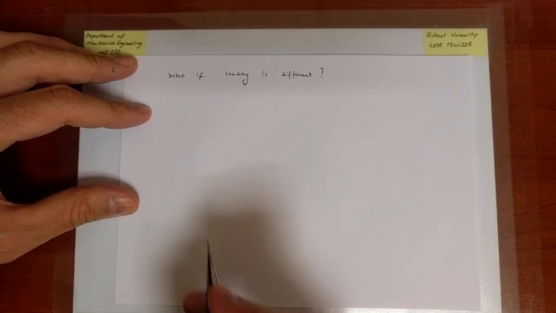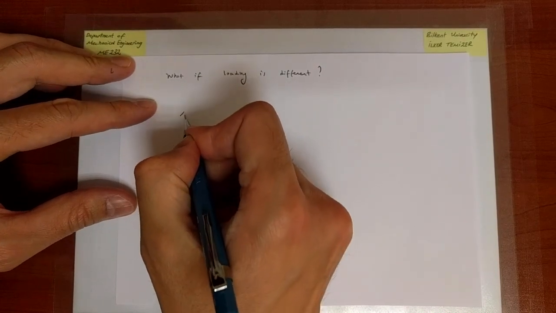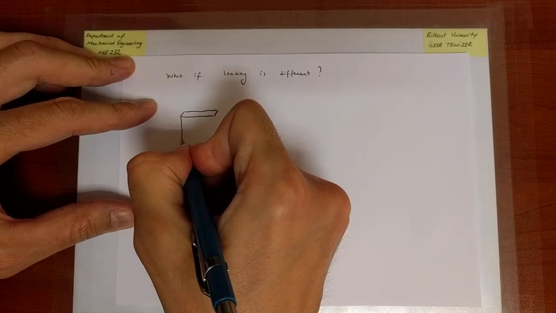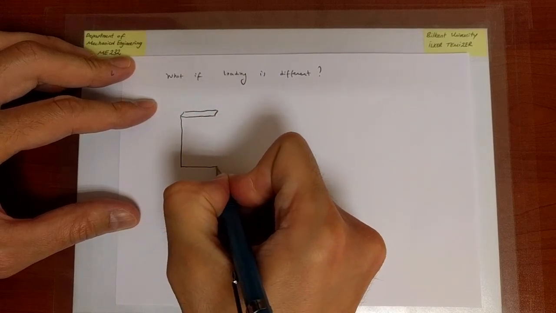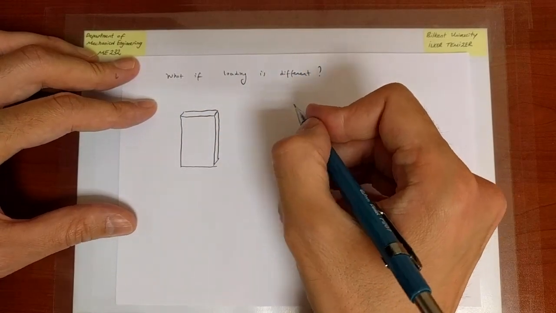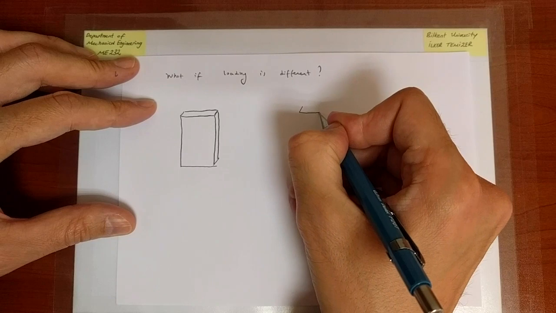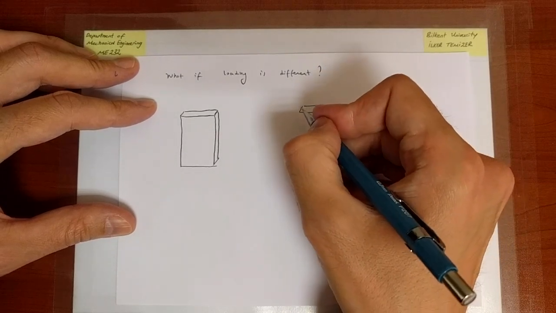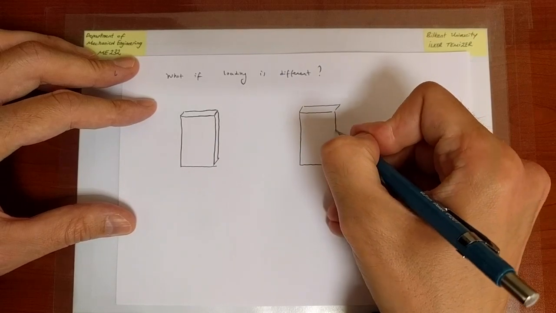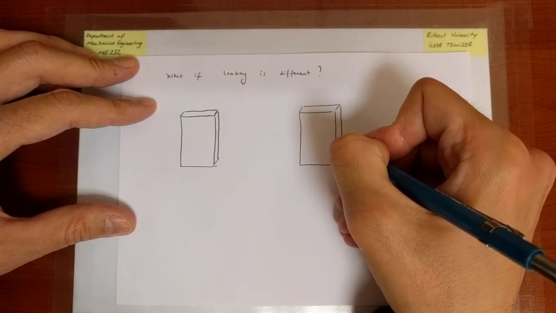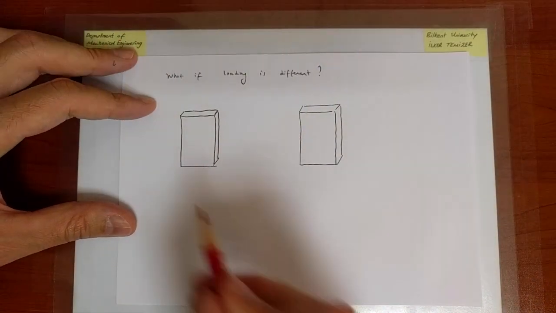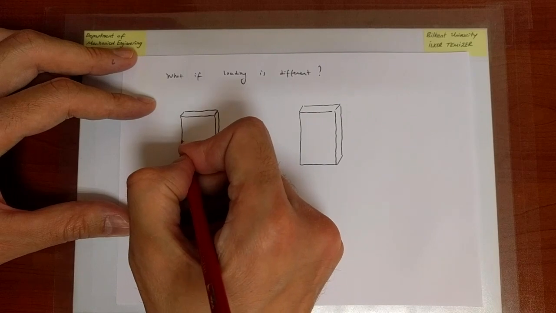And for that scenario, I am going to consider a plate again, the same plate that we have looked at. And let's draw it twice actually. And I will introduce an edge crack.